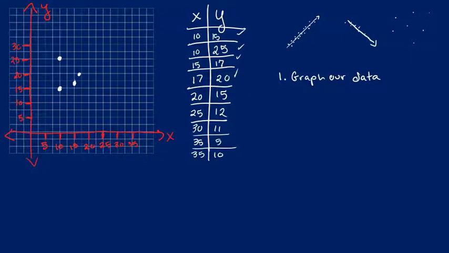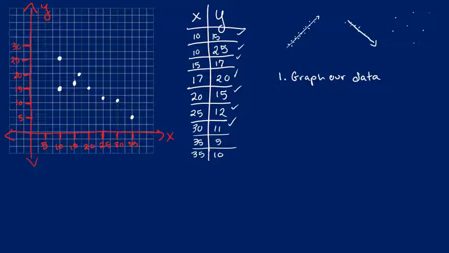Okay, so here are those ones: 20, 15; 25, 12; 30, 11; and 35, 5.